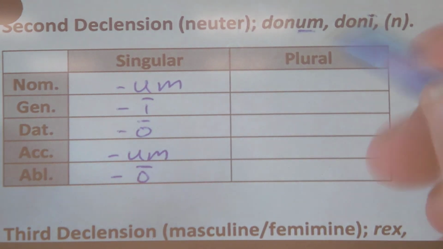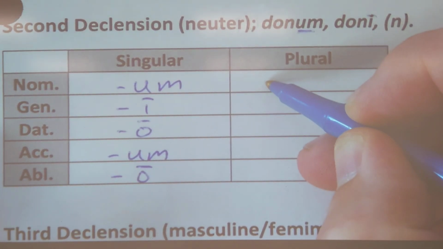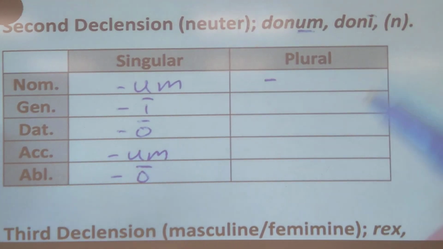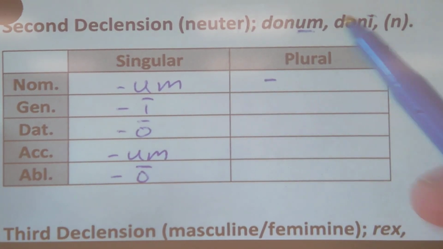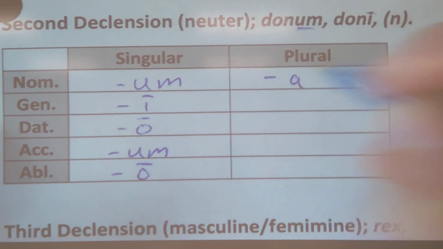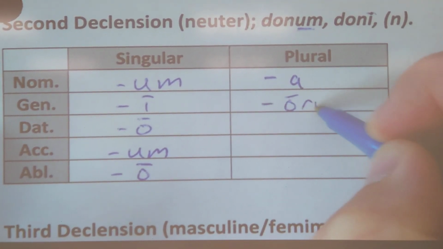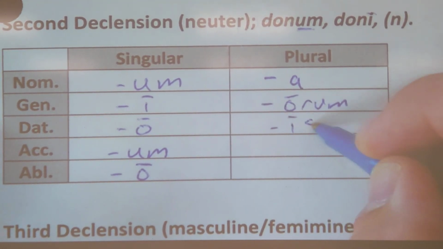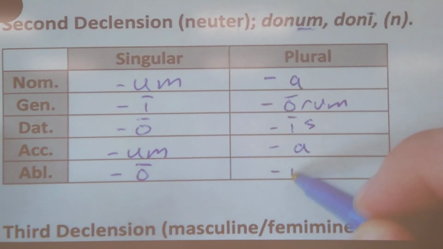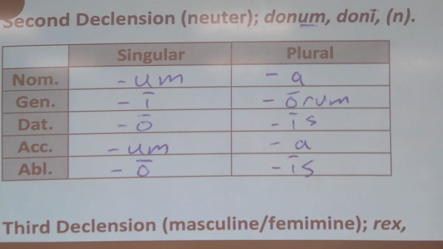Now in the plural, they do something a little weird. We'll talk about this in more depth in just a second, but for the nominative plural, instead of i like for masculine, it goes short a. So a, orum, is, a, is.